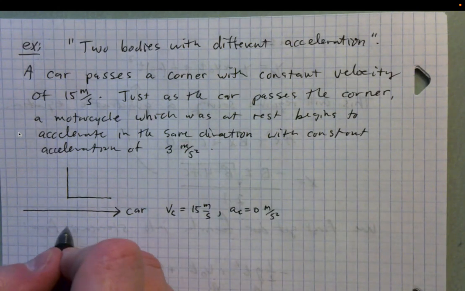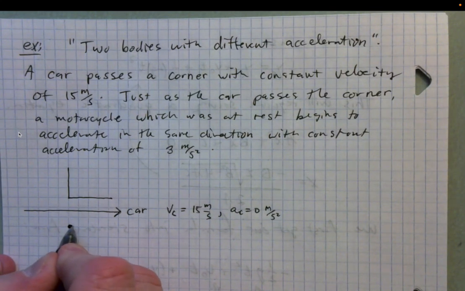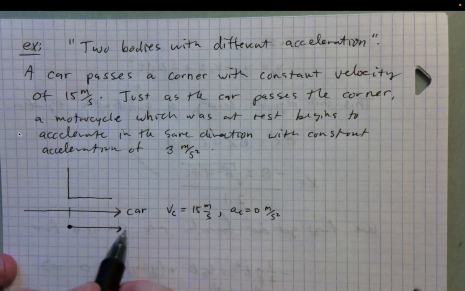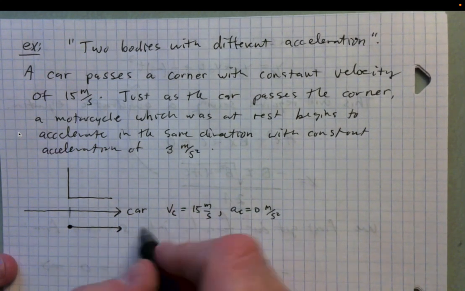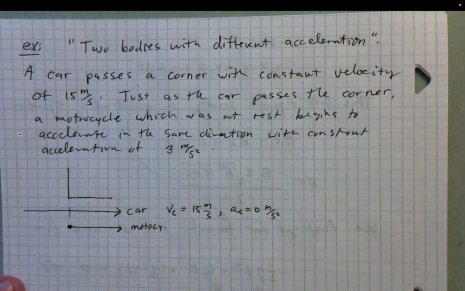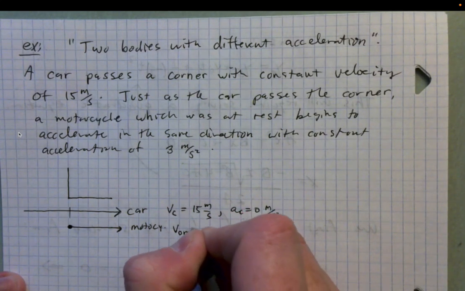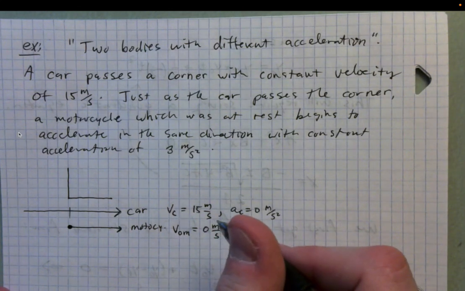Now, there's a motorcycle parked here, we'll say, and the motorcycle takes off. It's at rest first, and it takes off as soon as the car reaches it. The car is obviously going faster, so it's going to zoom way ahead of the motorcycle, but the motorcycle has acceleration. Okay, so there's the motorcycle. The initial velocity of the motorcycle is equal to 0. But the motorcycle has acceleration.